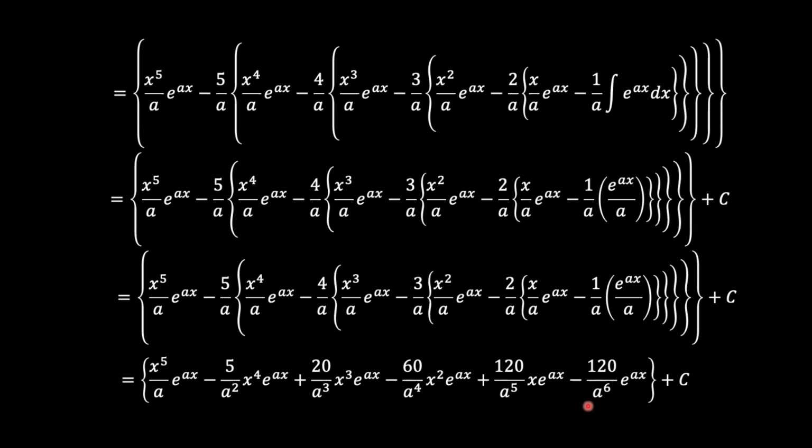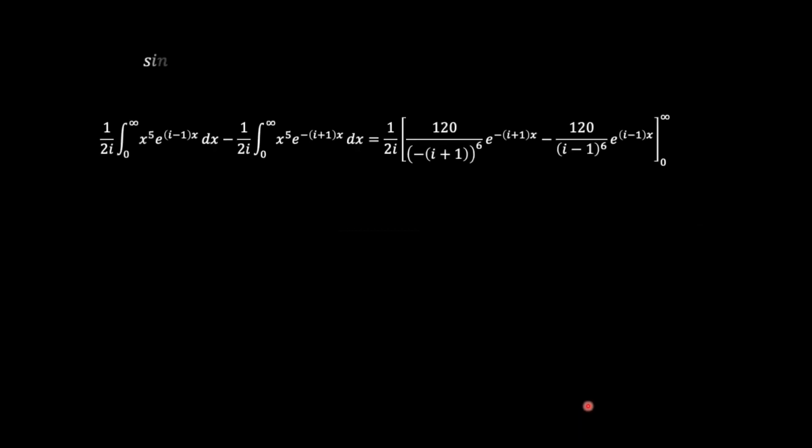Now, looking at these, it's very interesting that for both our integrals, the limit of any power of x times e to the power plus or minus i x, since this is an oscillating function, minus 1 times x tends to 0.